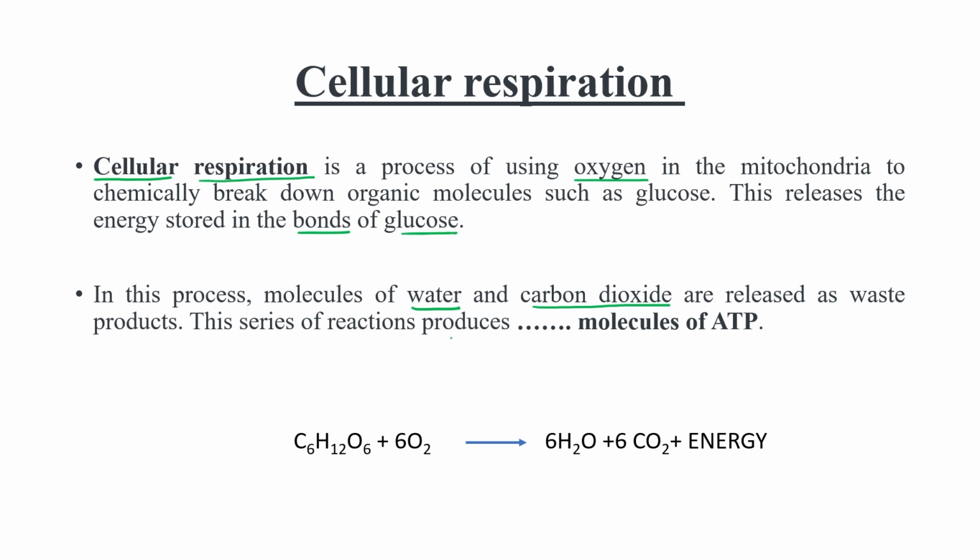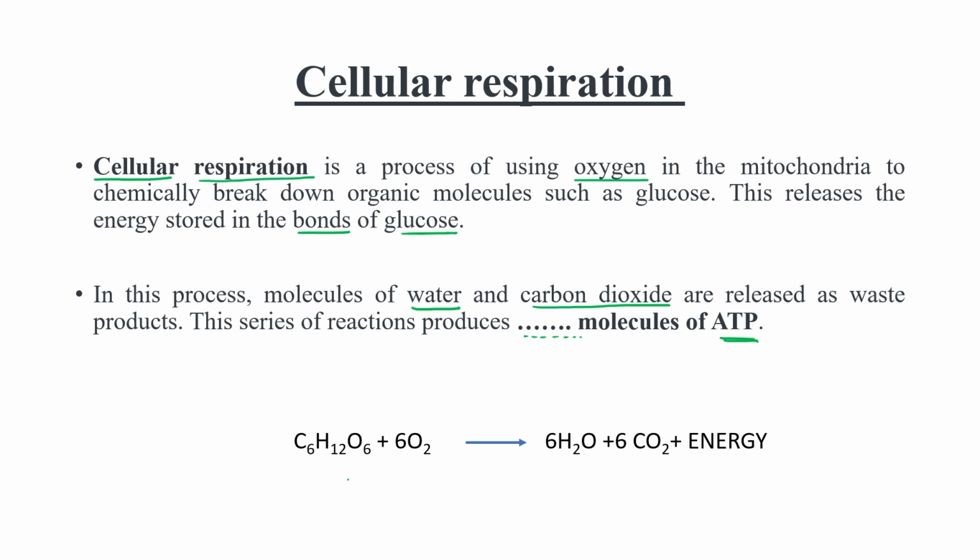And during this process, in various steps, some amount of energy is also released in the form of ATP. So some molecules of ATP are released during cellular respiration, which the cell further utilizes to perform its various metabolic activities.